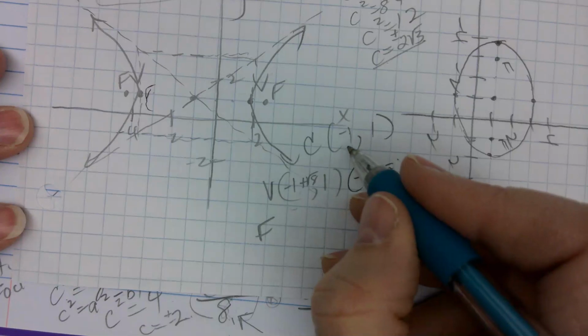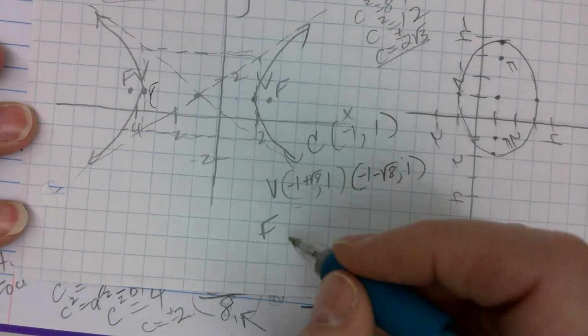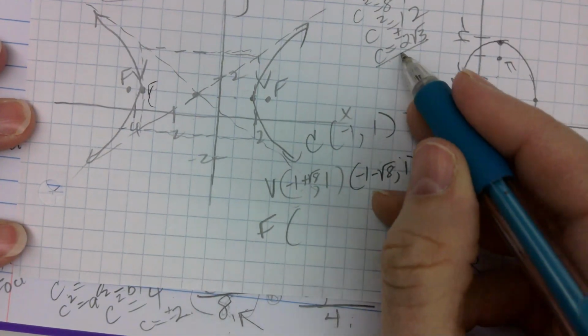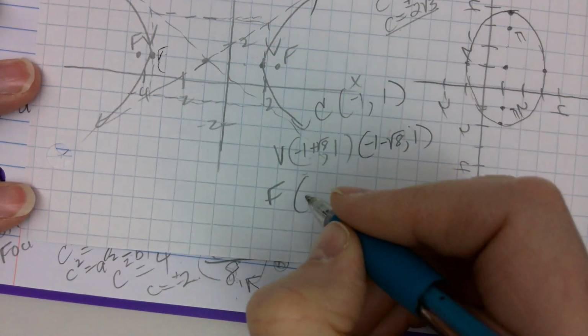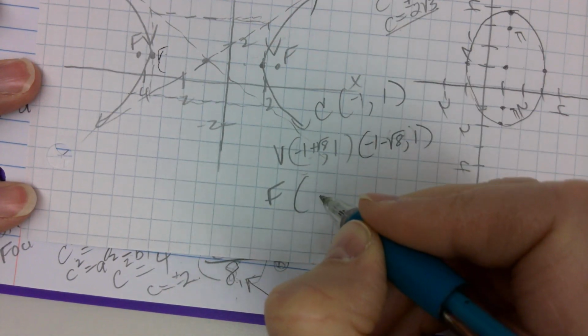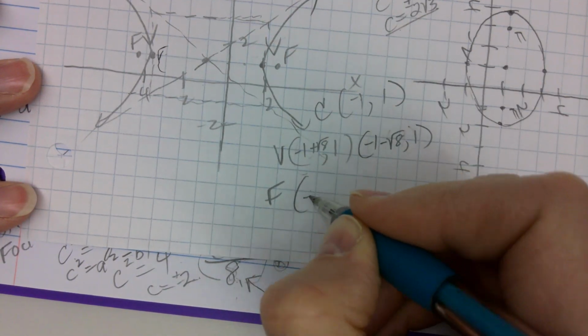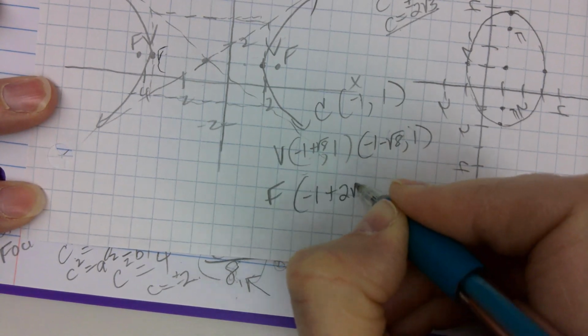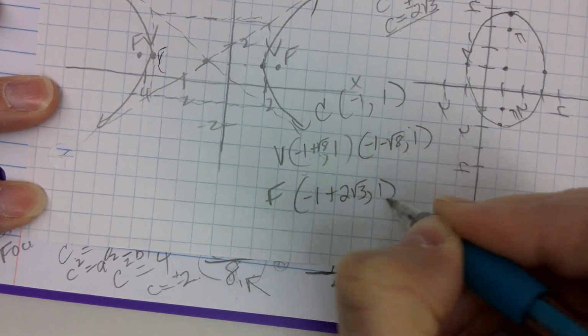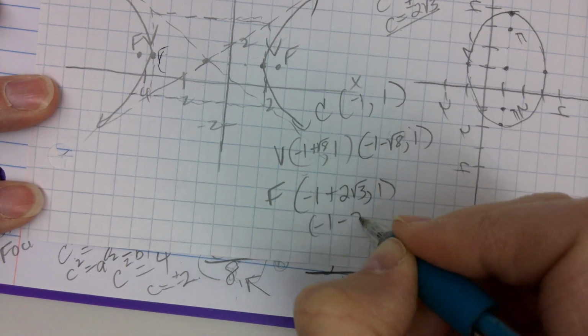The foci are easier, right? Well, not really, because we're adding 2 root 3, right? So -1 plus 2 root 3, comma 1, and -1 minus 2 root 3.